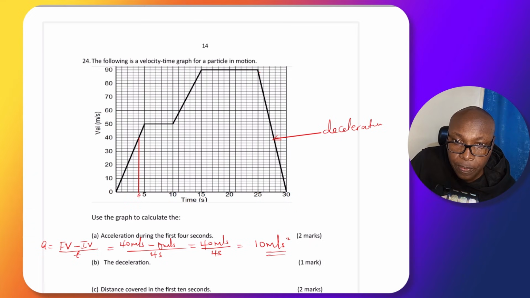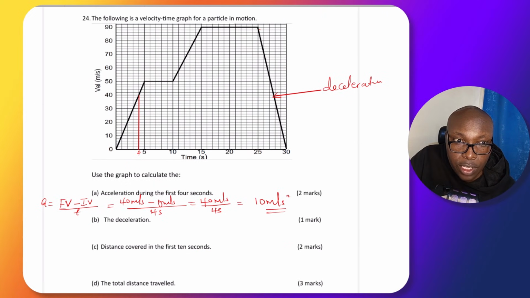So the same way, we shall do that by getting the final velocity, which is 0 meters per second, because it is decelerating from this point to this point. Then the initial, it started from here, the initial is 90.